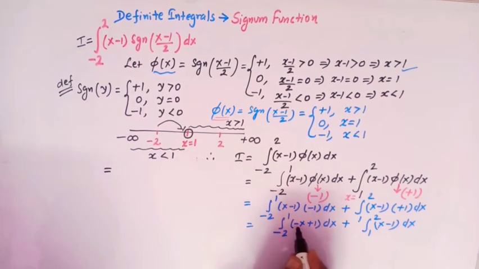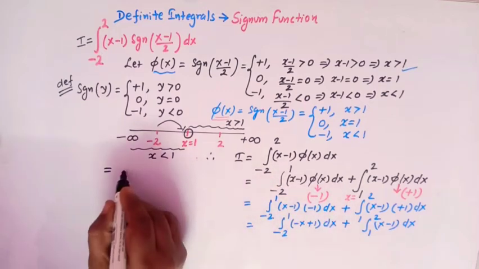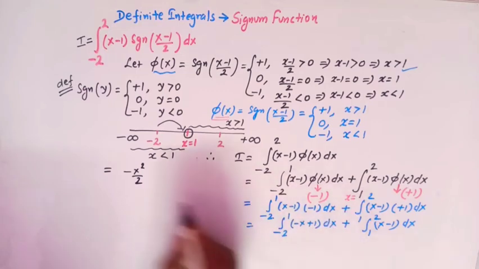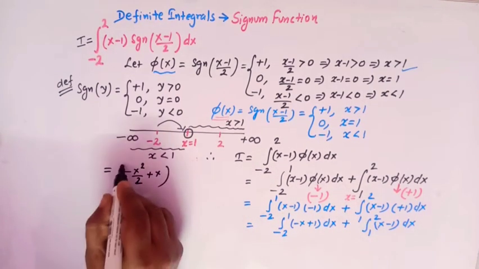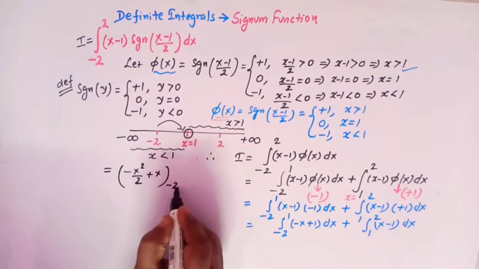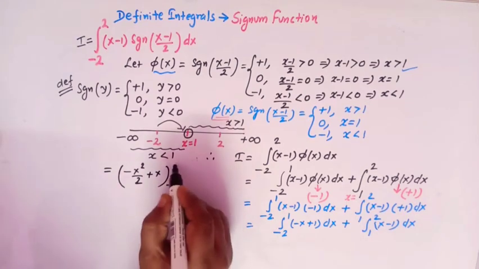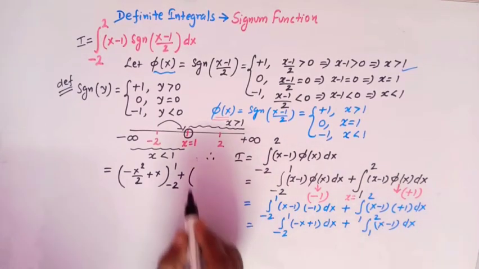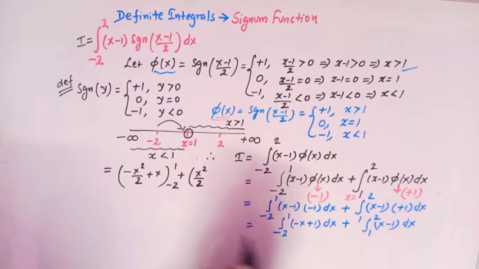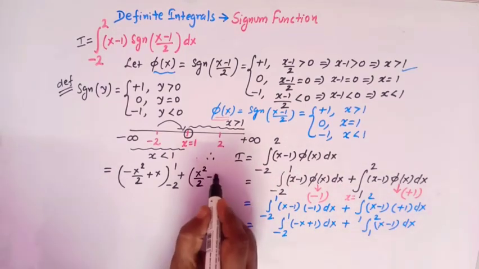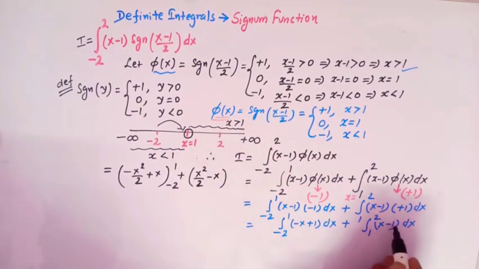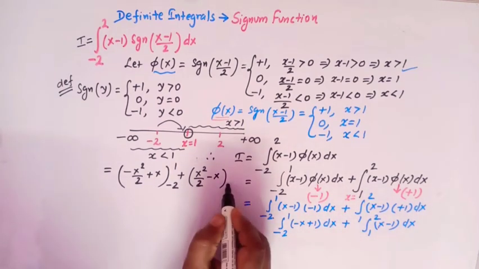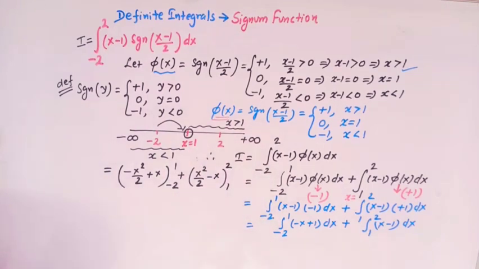The integral of x is x square over 2, and the integral of 1 dx is simply x. So the first is minus x square over 2 plus x from minus 2 to 1, and the second is x square over 2 minus x from 1 to 2.